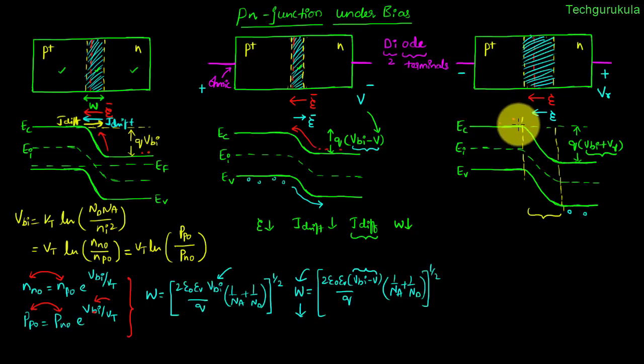Now if they step into this region, then this electric field would pull this electron to the other side. As a result, this electron would find itself at the other side. And similarly, if a hole comes into this region where the electric field is so high, this hole would be swept across the depletion region and it finds itself at the other side.